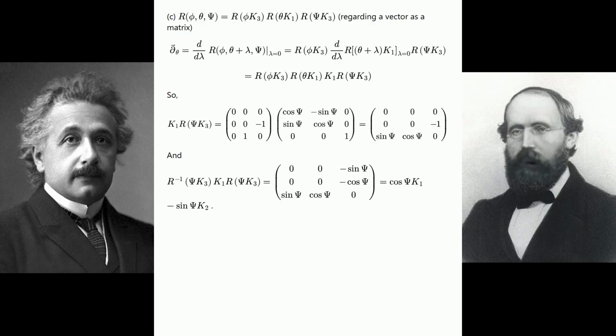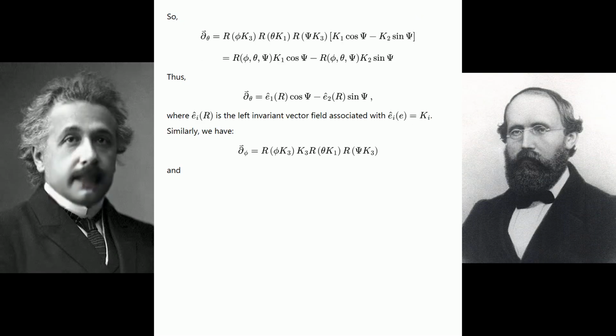And R inverse(psi k_3) K_1 R(psi k_3) equals the 3 by 3 matrix with rows (0, 0, -sin psi), (0, 0, -cos psi), (sin psi, cos psi, 0), which equals cos(psi) K_1 minus sin(psi) K_2.